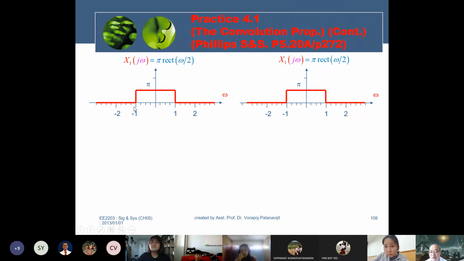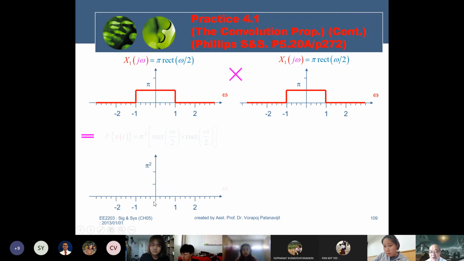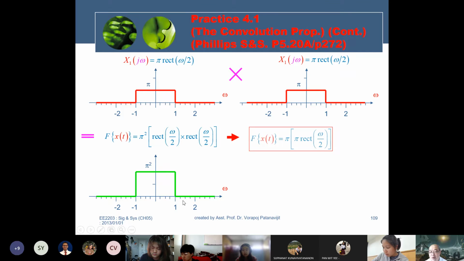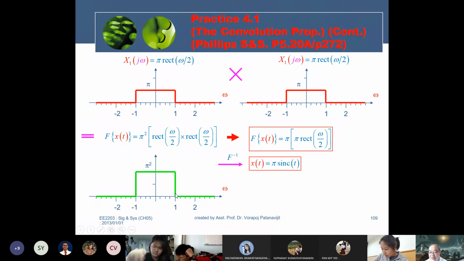The first piece is 0, and 0 multiplied by 0 gives you 0. Pi multiplied by pi gives you pi squared. Then 0 multiplied by 0 gives 0 again. Therefore, multiplying the rectangle with the rectangle gives you a rectangle too, but with a different shape. In this case the height of the rectangles is the same, so the result is a rectangle of the same size.